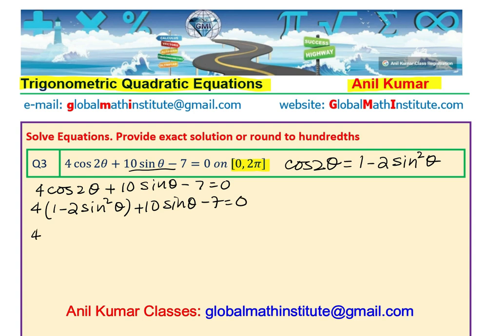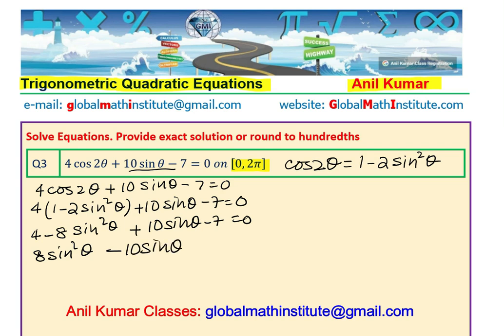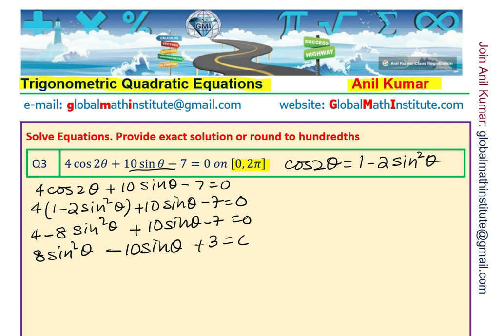Open the bracket. 4 minus 8 sine square theta plus 10 sine theta minus 7 equals 0. So I like to take all the terms to the right hand side. That's good. So we get 8 sine square theta minus 10 sine theta. 4 minus 7 is minus 3, but when you take it to the other side, it becomes plus 3.